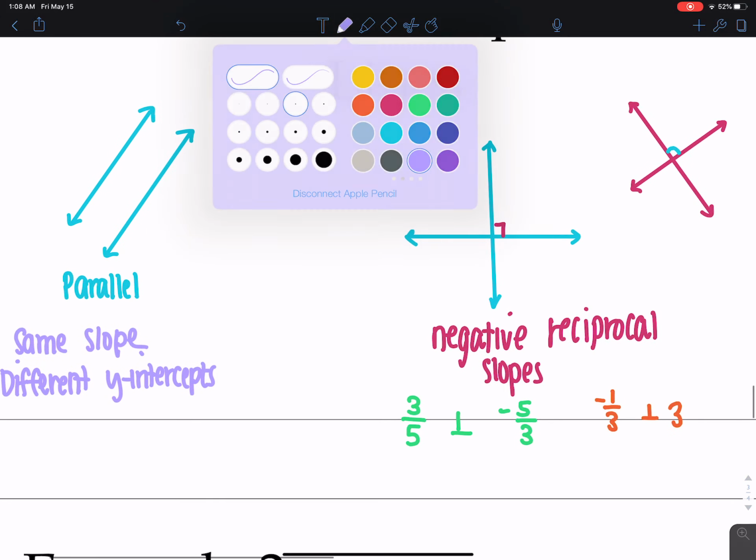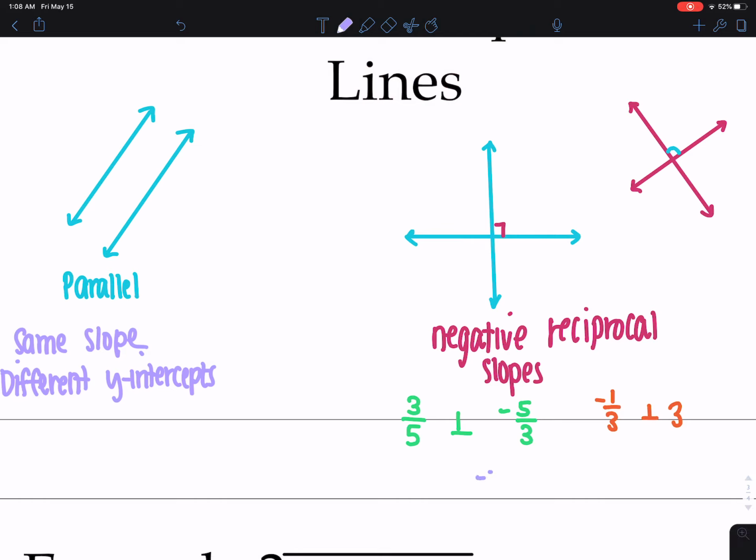And if we just have, let's say, negative 7, then for a perpendicular line we have to put 1 over it, and that's negative, so our perpendicular slope will be positive. So that's how you find the slope of perpendicular lines.